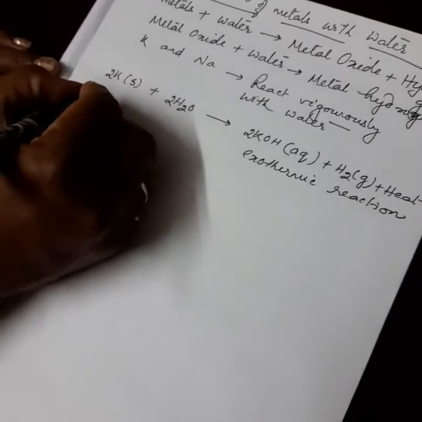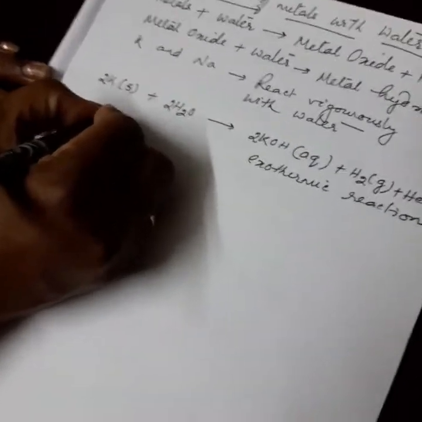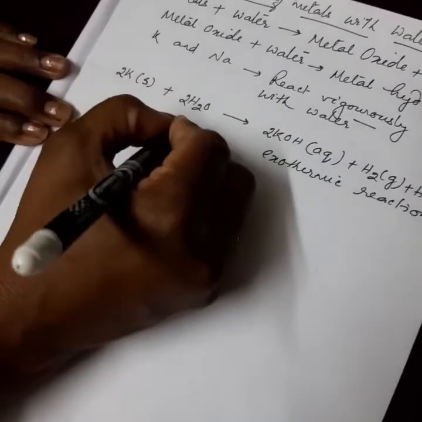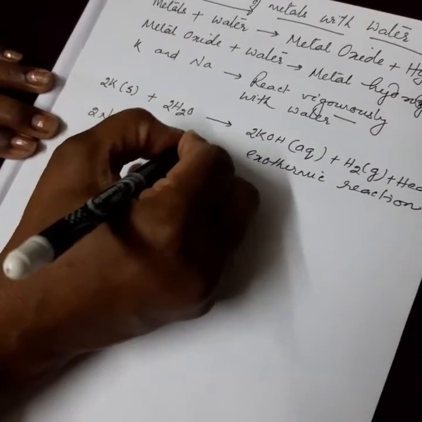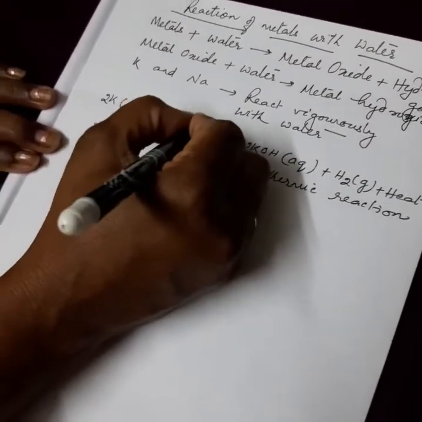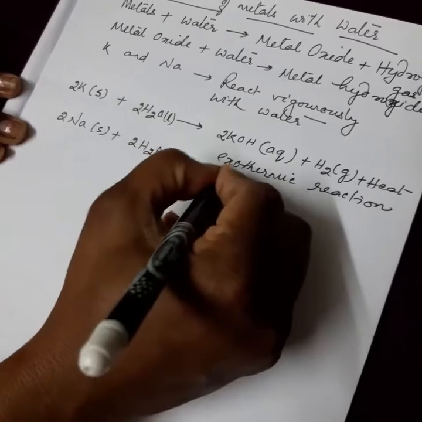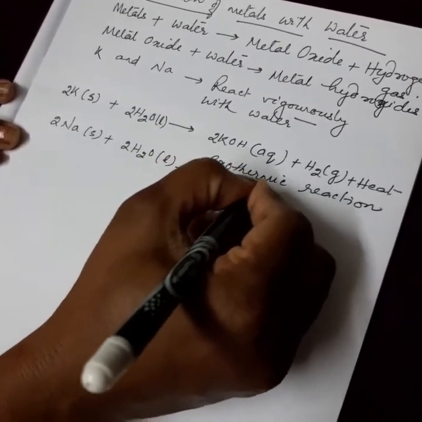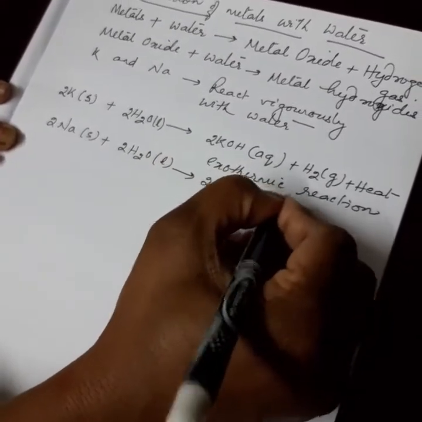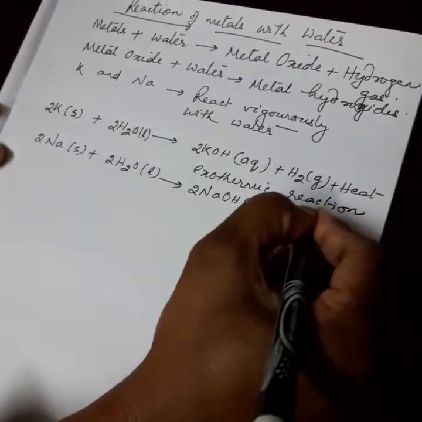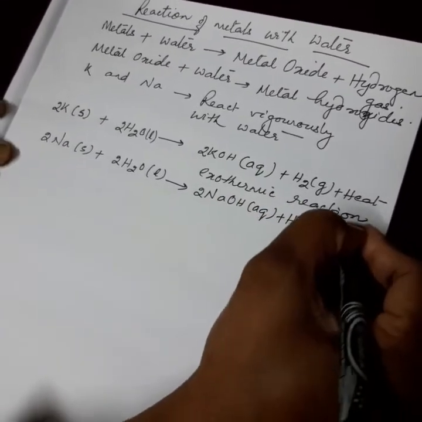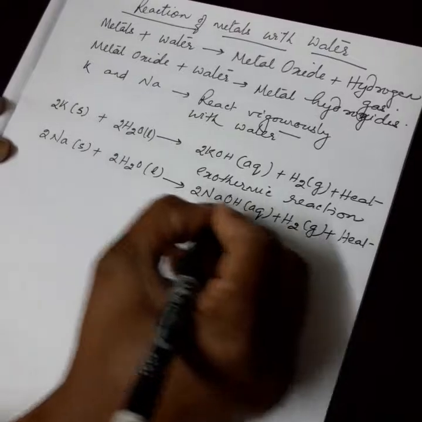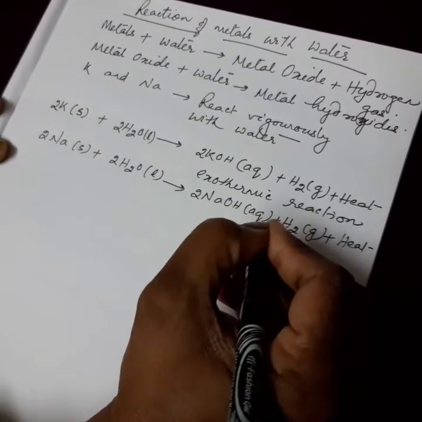In case of sodium, a similar equation: 2Na in solid state plus 2H2O, which is in liquid state, will give rise to 2NaOH, which is in aqueous state, plus hydrogen gas plus heat. This is also an exothermic reaction.